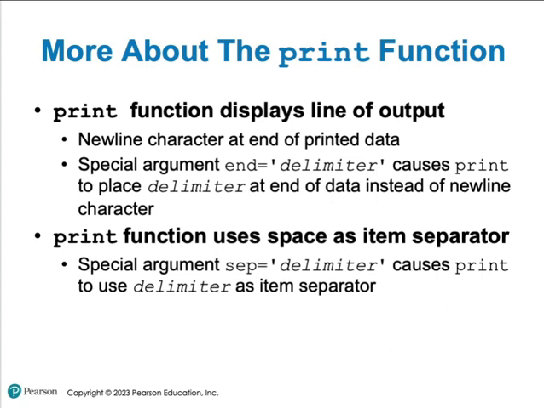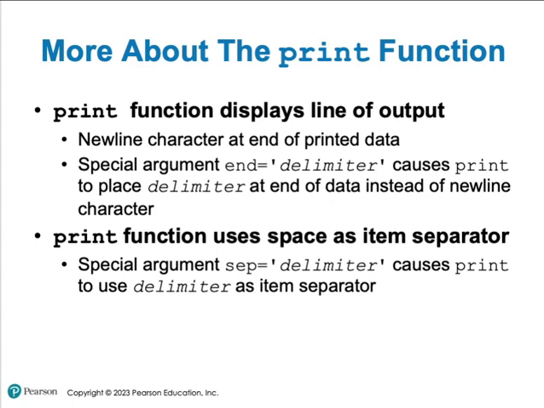When you use the print function, it always prints what is a newline character, and that comes from the programming language C and is used in Python and Perl and lots of programming languages. A newline character basically means you end the current line and go to the beginning of the next line. You can put a delimiter.